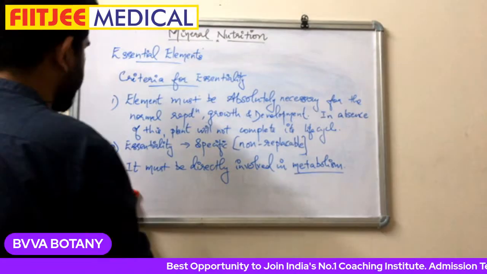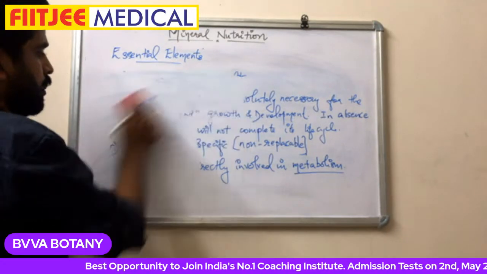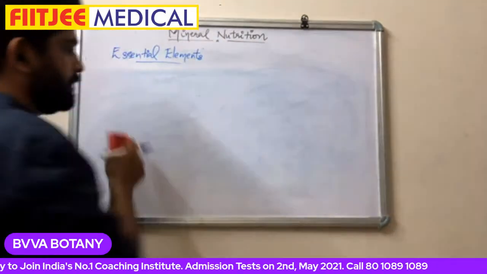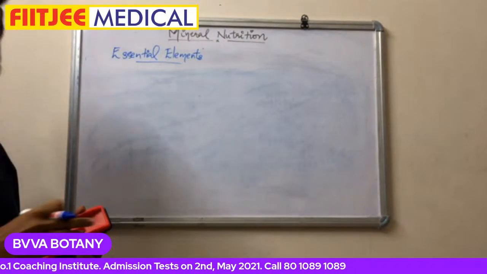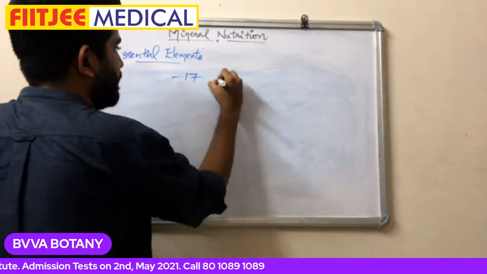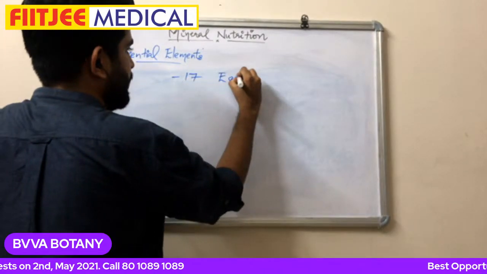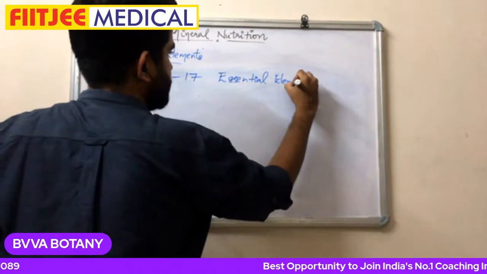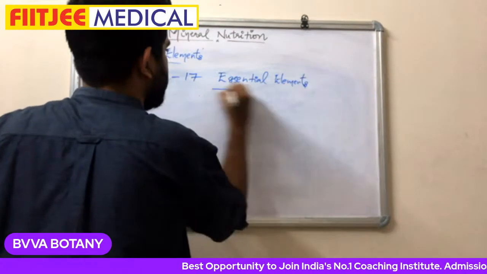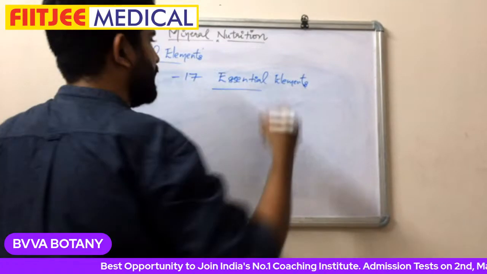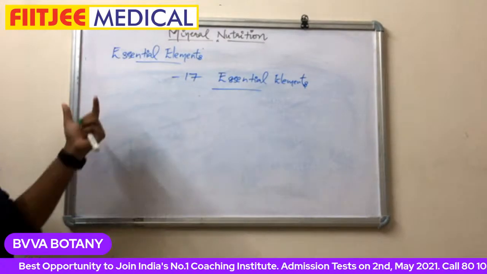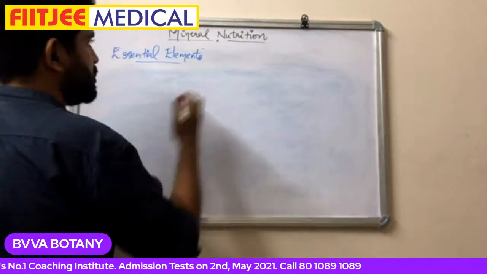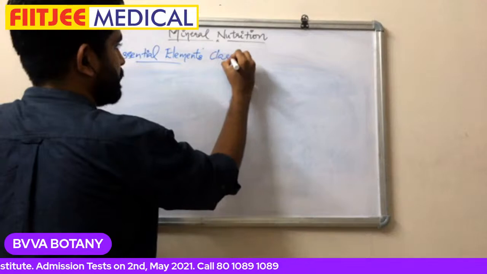Now, based on this essentiality, or after taking this criteria, we found there are almost 17 essential elements present in the plants. So plants are going to have how many? 17 essential elements, right? We classify these essential elements.